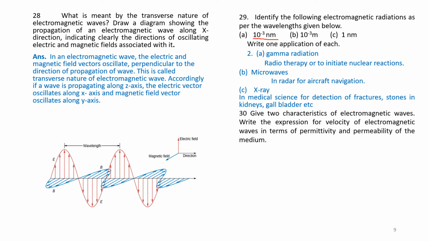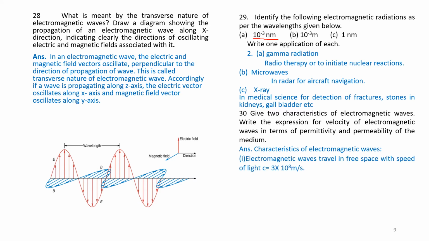Question number 30. Give two characteristics of electromagnetic waves. Write the expression for the velocity of electromagnetic waves in terms of the permeability of the medium. The characteristics are already given, but again we are writing them in short. Electromagnetic waves travel in free space with the speed of light, that is c is equal to 3 into 10 to the power of 8.